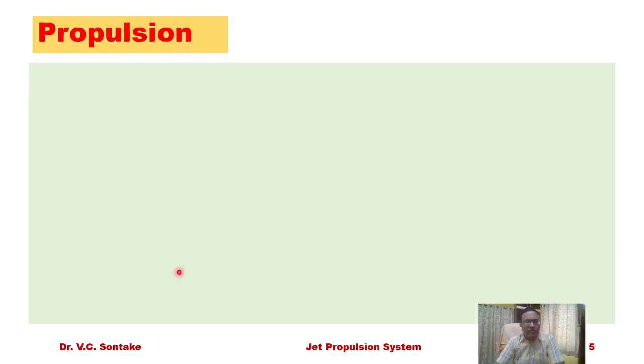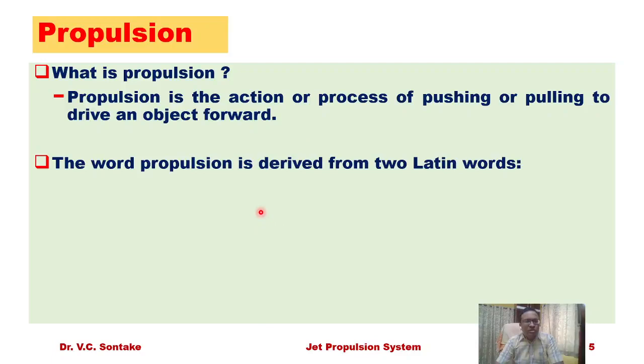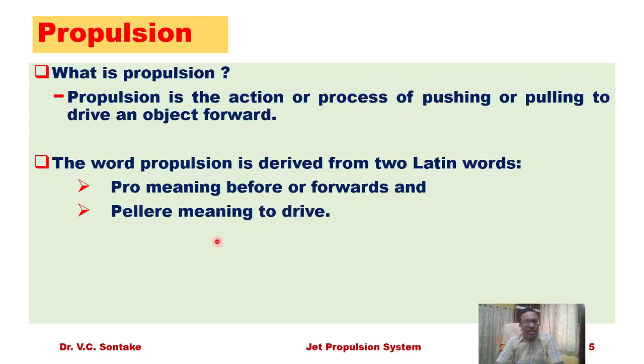Now propulsion. So what is propulsion? Propulsion is the action or process of pushing or pulling to drive an object in the forward direction. The word propulsion is derived from two Latin words: pro, meaning before or forwards, and pellere, meaning to drive.